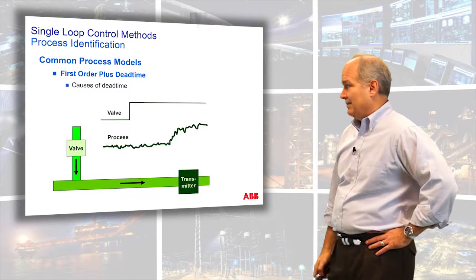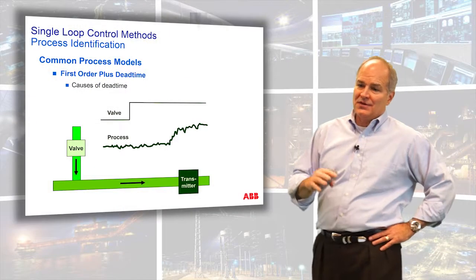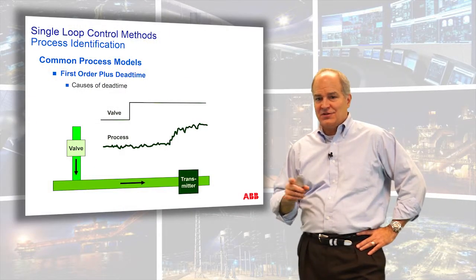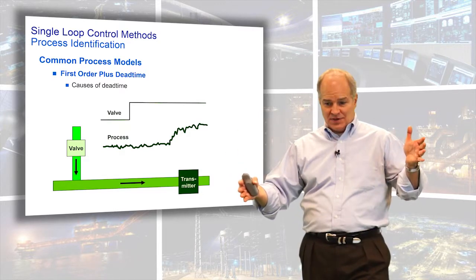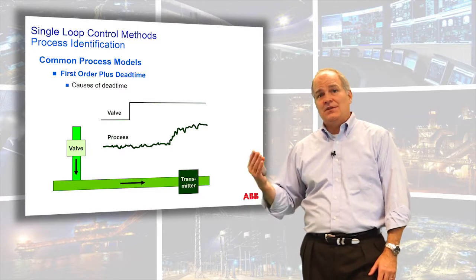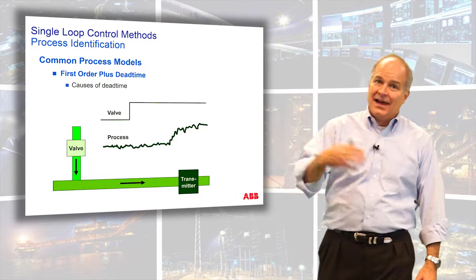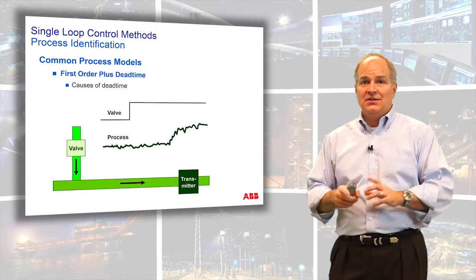Now what's delay? Here you've got a case where I made the change and there's a transport distance. It's very important. Transport distance is usually a function of how you piped it. Where's the transmitter and where's the actuator and how far apart are they? If you have the opportunity to take delay out of your process by the installation of your actuator, you need to do that.